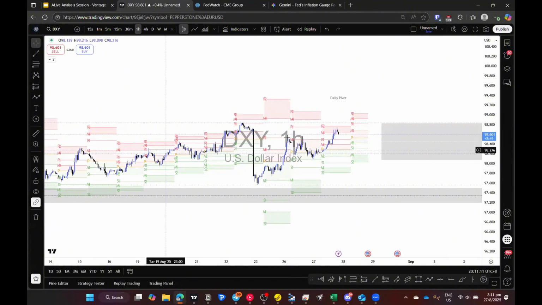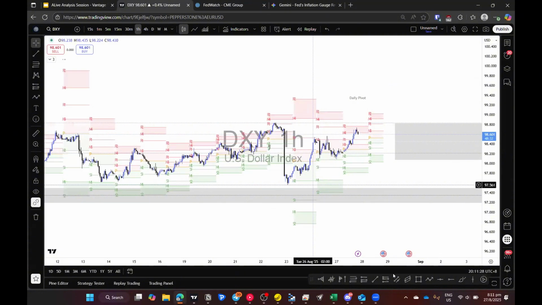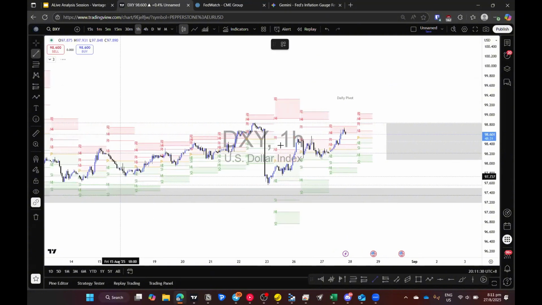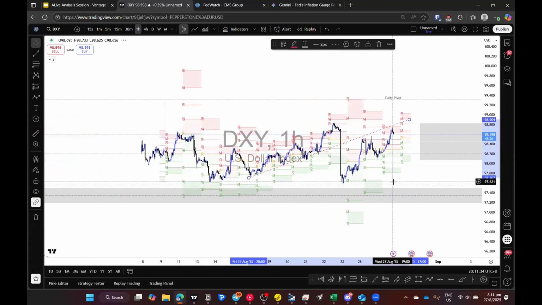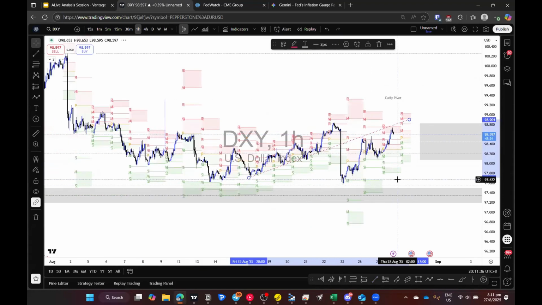Overall, we're looking at a continuation, at least to create a double bottom, before we make a decision to look for entry to the upside. So our bias right now is to the downside for the dollar, and this supports both the fundamental view as well as your technical view.